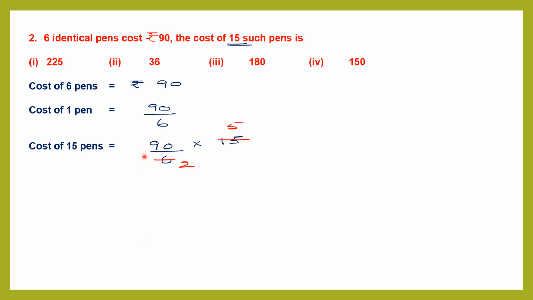I can again cancel 90 by 2, that is 2 1s are 2, and 2 into 45 is 90. Now I have to multiply 45 into 5, and that is 225. So we have found the cost of 15 pens, and that is 225 rupees.